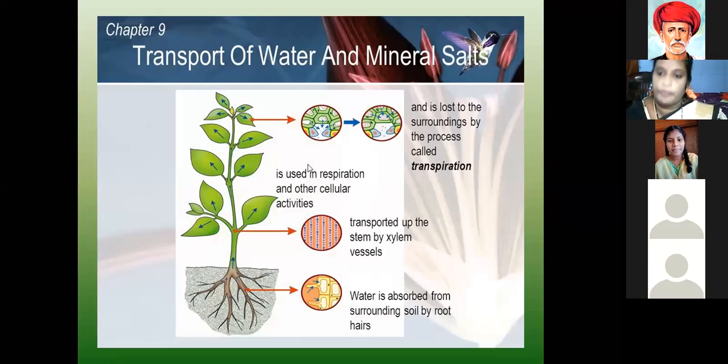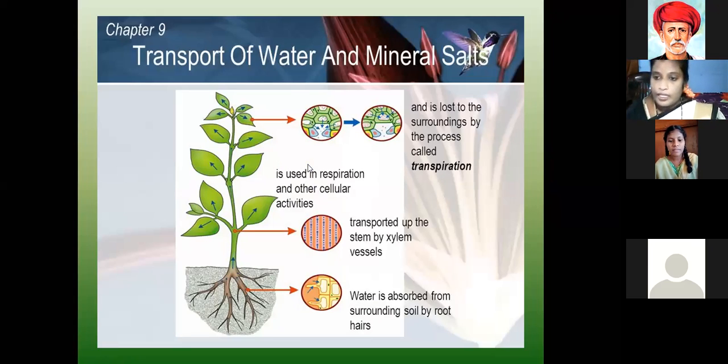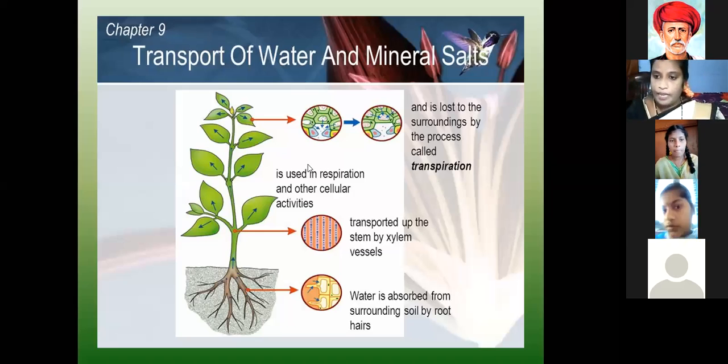Okay, madam. Another very important topic is the transport of water, minerals and salts. We know one plant is there; in our surroundings there are many kinds of plants. The plant is deep in the soil, and water is absorbed from the surrounding soil by the root hairs.